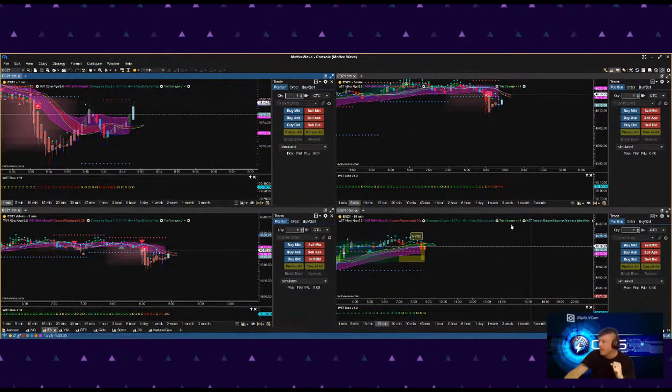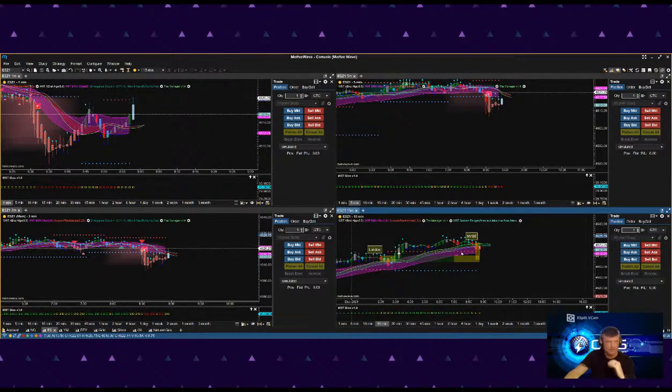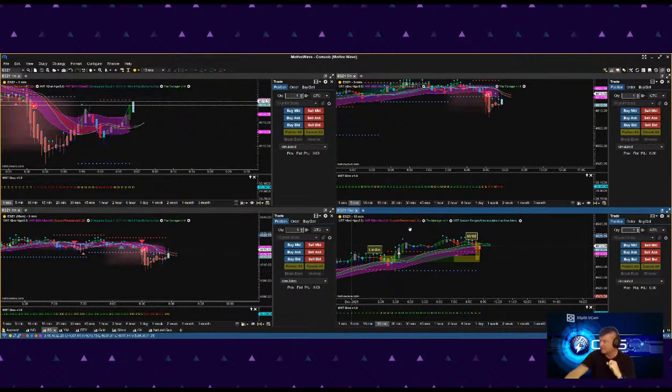Okay, and that kind of helps keep me straight as far as my support resistance zones go. Because what I found is that a support and resistance zone on the 1 minute may not be as prominent as you think, right? So yeah, you're looking for a bounce, but if you see it on the 1 minute, 3 minute, 5 minute, and the 15 minute, it's a very critical zone, right? So just keep that in mind.